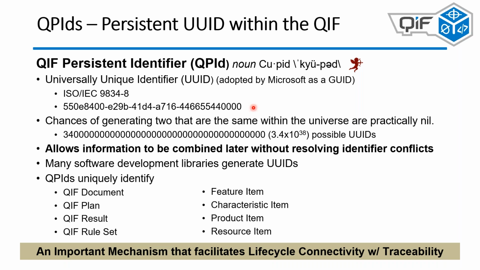Within the QIF, we have strategically placed QPIDs on different entities. One of the main ones that has significant connectivity and traceability is the product characteristic item. So again, this is a very important mechanism for life cycle connectivity within not only the quality metrology enterprise, but within the entire model-based enterprise.